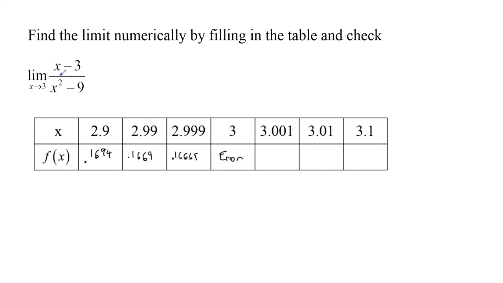And that makes sense because 3 squared minus 9 is 0, and then 3 minus 3 is 0. 0 divided by 0 is undefined.